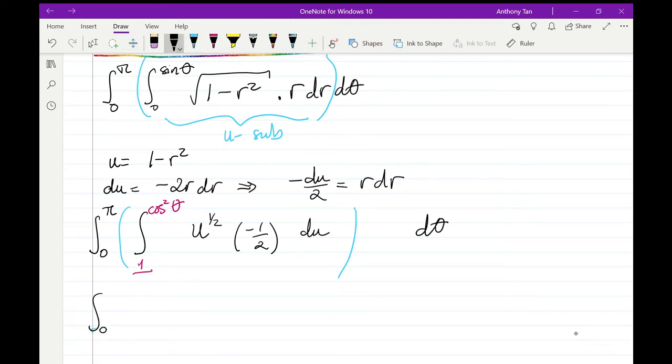When we integrate in terms of u, the negative half is a constant, so we can bring it along. U to the 1/2, we find the antiderivative, so this will be 3/2. I have a 2 over 3 here, and evaluate it from 1 to cosine square theta.